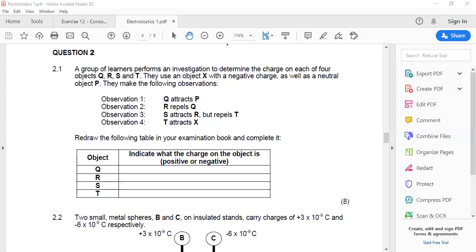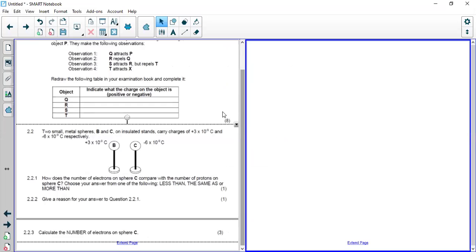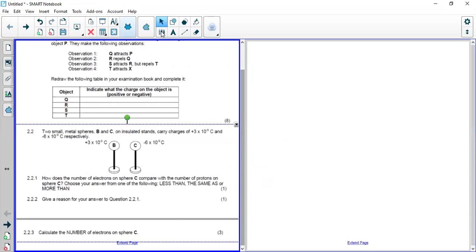My system is slow. Can you see it now? Yeah, now, yes. Okay, all right. So my system here is saying it's unstable. I'm not sure how it's going to end up here.